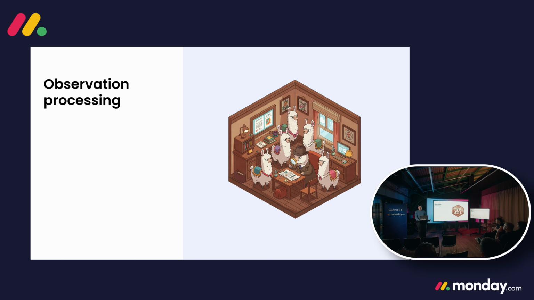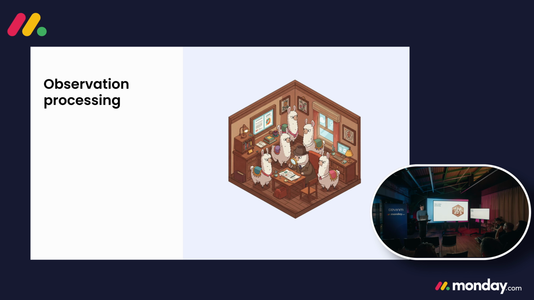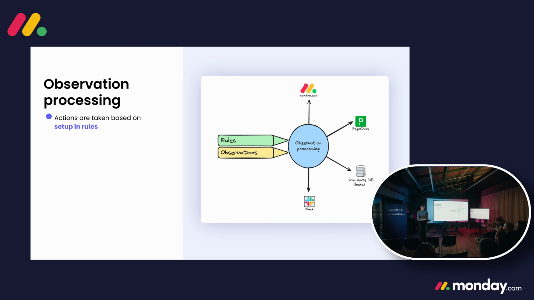On the other hand, the observation processing is responsible for communication with other services. So it must take more actions than the first one. We don't want to slow down the event processing just to be able to do everything in one place. But let's go into details of the observation processing.